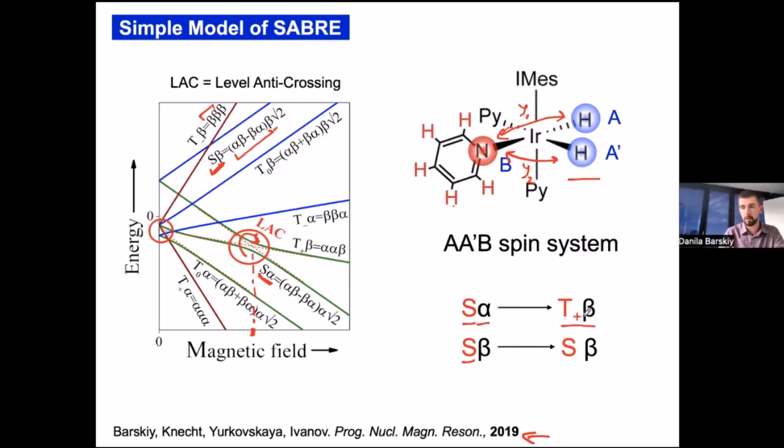Note that total projection is conserved. So in total, energy is conserved. However, singlet beta is staying as singlet beta. So from initially almost equal population of alpha and beta, meaning zero polarization of your substrate, now you have negative polarization of your substrate, everything is better.